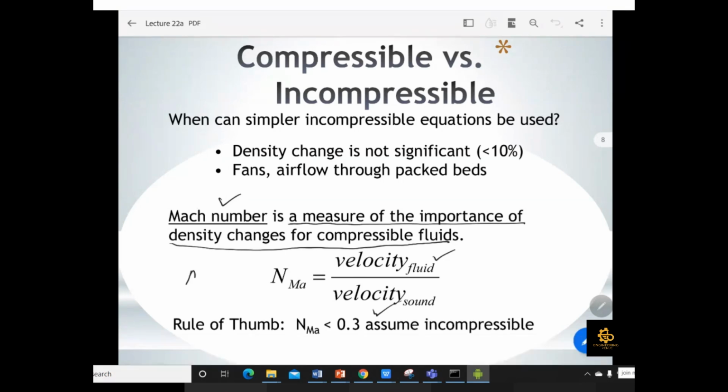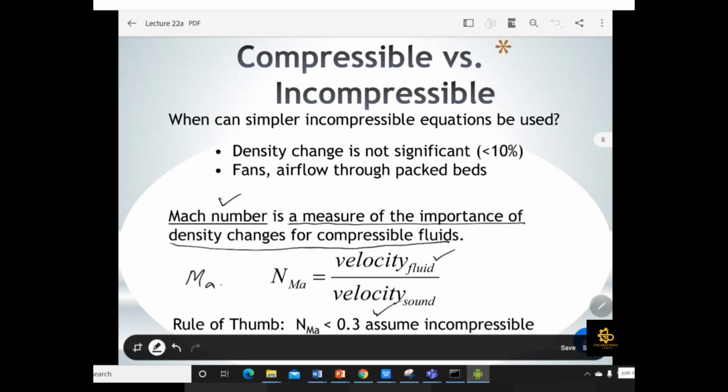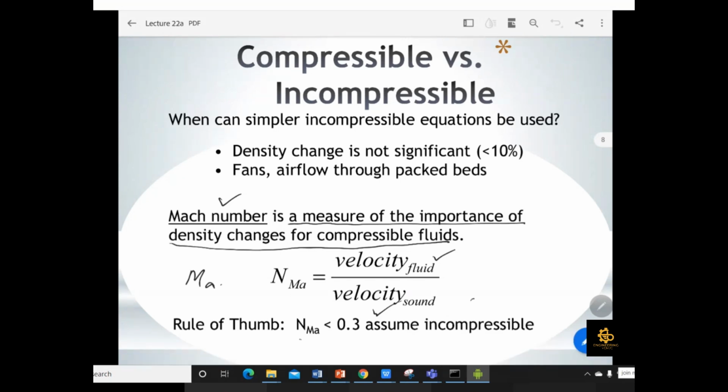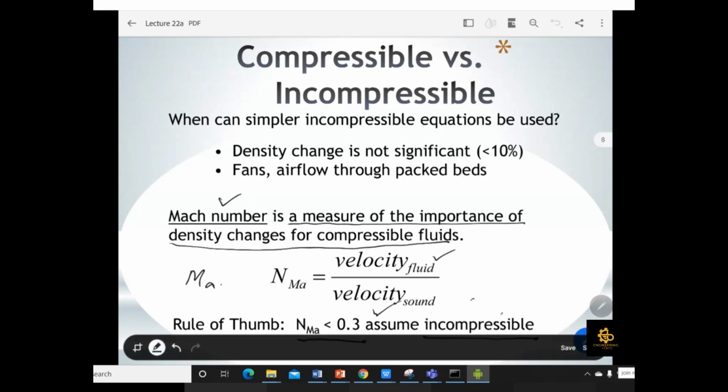We denote it as Ma or M. As a rule of thumb, if the Mach number is less than 0.3, the case is considered incompressible. However, if the Mach number is greater than 0.3, it is compressible flow.